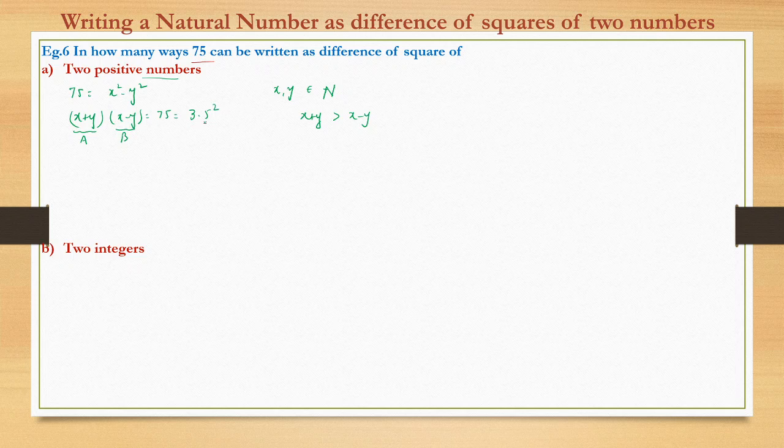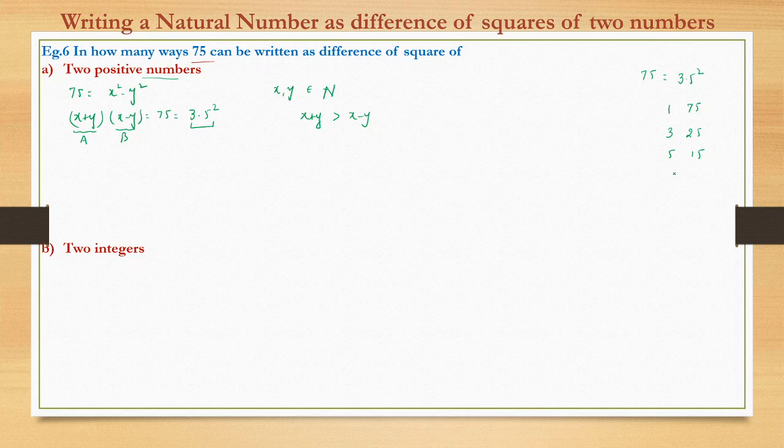Now we have to write 75 as a product of two positive numbers because A and B both are positive numbers, right? So in how many ways can we write 75 as a product of two positive numbers? So one would be 1 into 75, then 3 into 25, then 5 into 15.